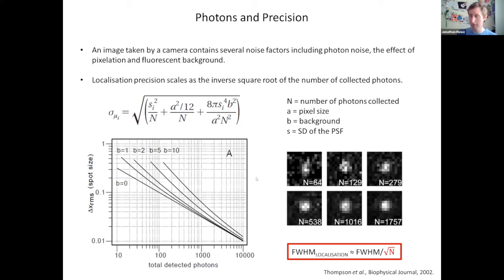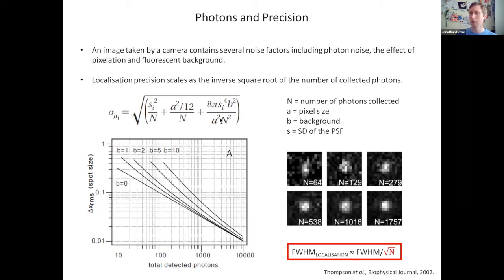And this contains various terms, which are basically uncertainty or noise terms. We start here on the left with the photon noise. In the middle, we have the effect of pixelation. And on the right, we have the effect of the fluorescent background.